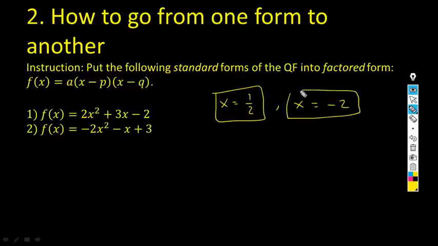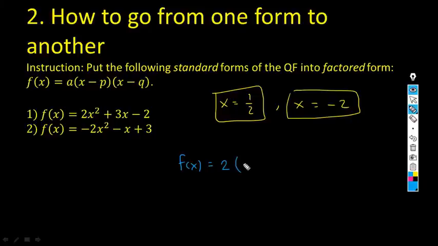Okay, now what do we do next? What do we do with these two solutions in order to write this function, which is in a standard form, in this way? Okay, let's finish it. So what we do is this: we write f of x, and then first I have to write a single coefficient, some number, and that number will be also the same coefficient of the x squared, this number, 2. And then I need to write two binomials in these particular ways: x minus some number, and the same for the other.